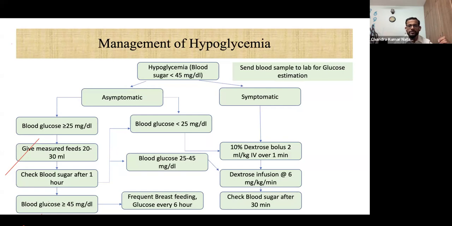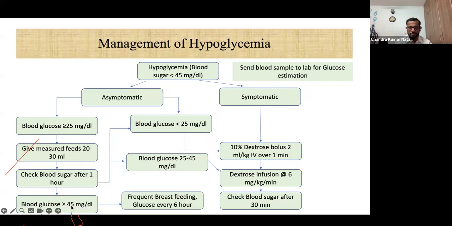Now we will come to the left side of the flow chart. In an asymptomatic baby, when the blood glucose was more than 25, we have given feeds and then we have checked blood sugar.